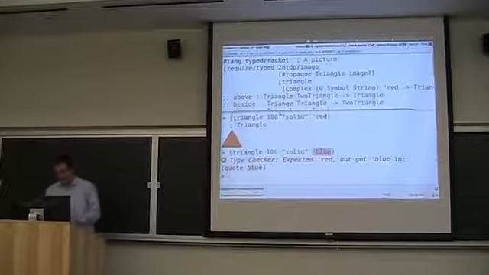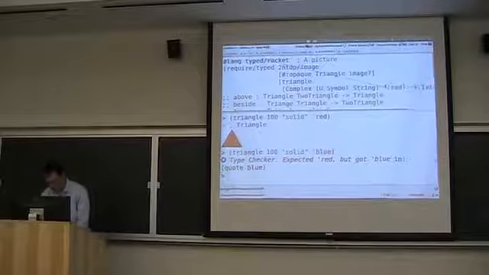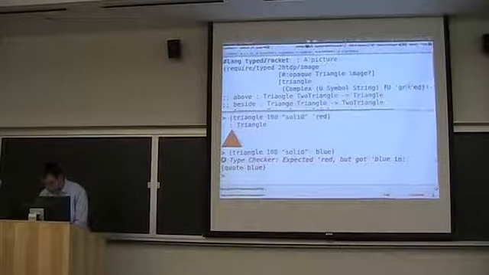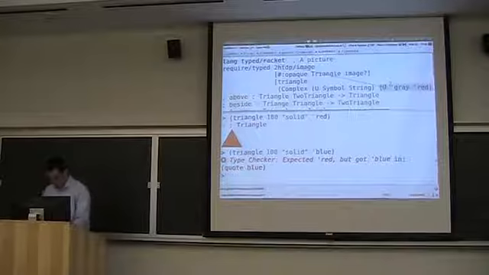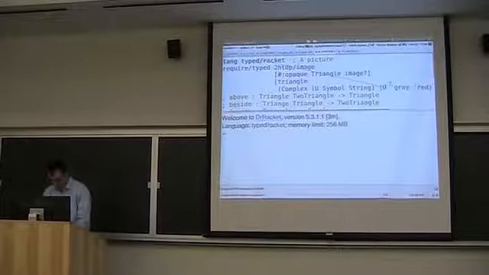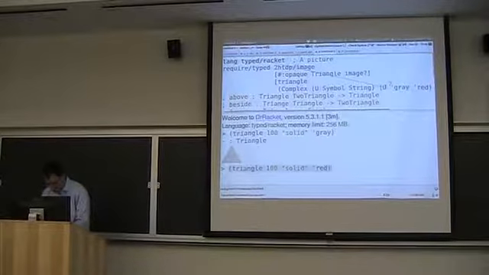And we can say, actually, that we want either red or gray, because we're sad Red Sox fans. And now we can construct a gray triangle or a red triangle.